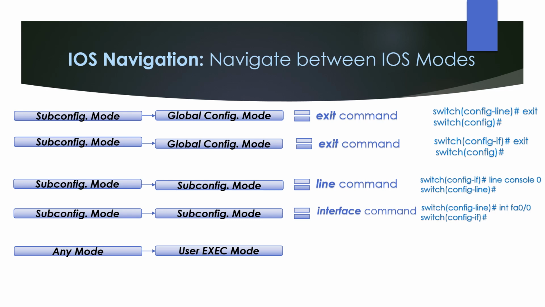And for example, here you are going from line console to configuring an interface on a router, interface FastEthernet 0/0.